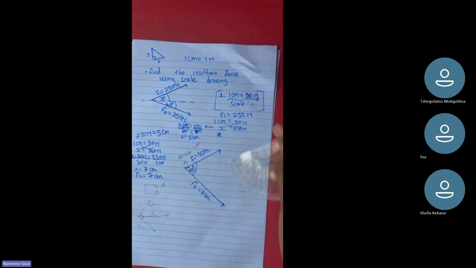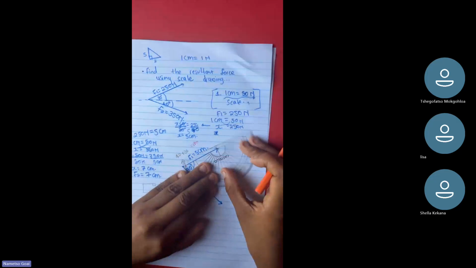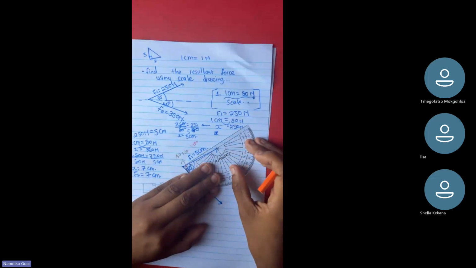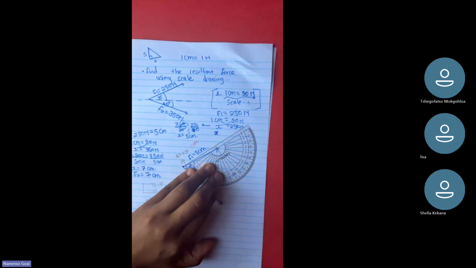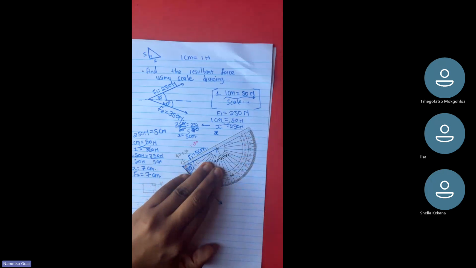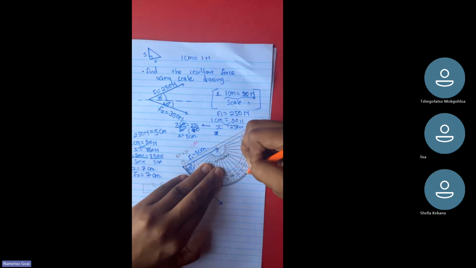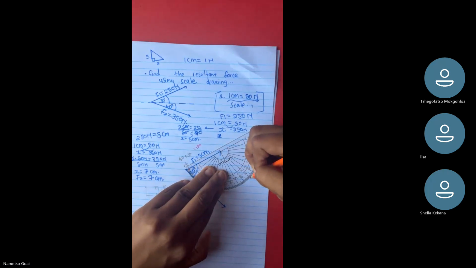Oh, yeah. Sorry. Fine. Now you have your F1. At the end of F1, you place your protector, like this, not like this. This way, because you're trying to measure out 110, right? So when it's this way around, you go to where your 110 is. It's over here. Can you guys see it? Where your 110 is?